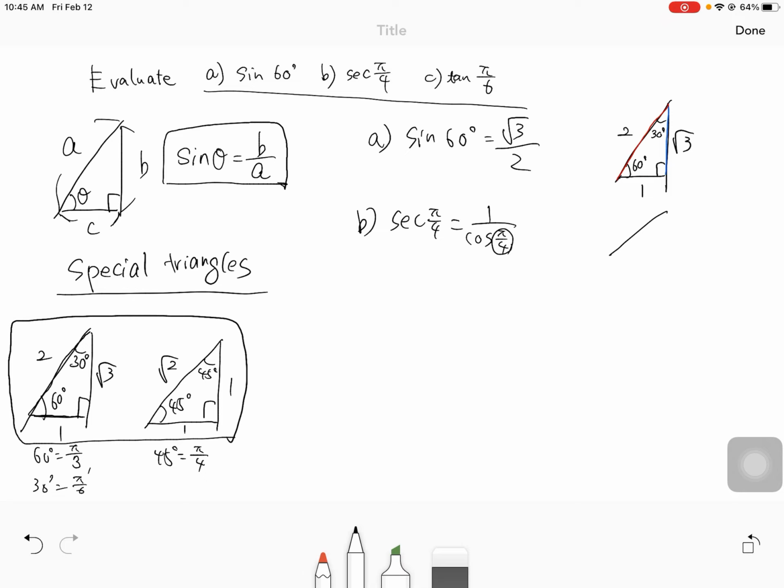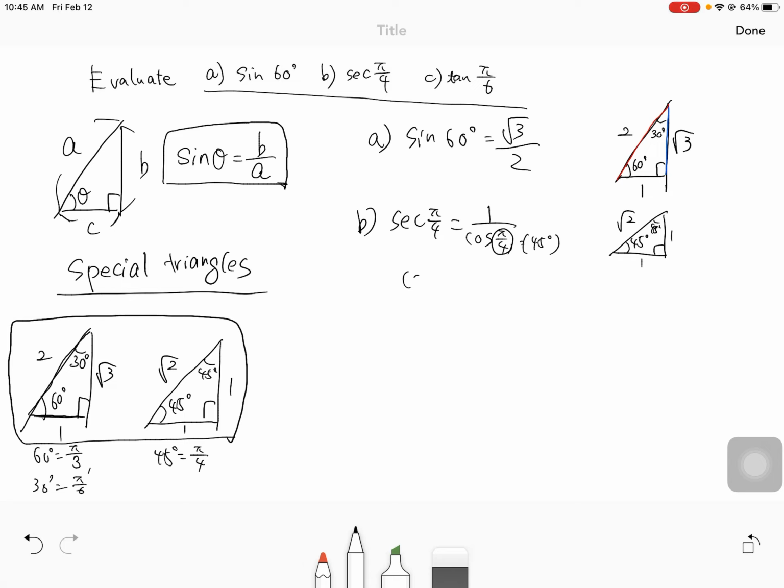So this says pi over 4. This means 45 degrees. So you need to draw a triangle with 45 degrees. And this one is 45 degrees. And if you remember the ratio of the lengths, 1, 1, square root of 2, you can sketch like that.